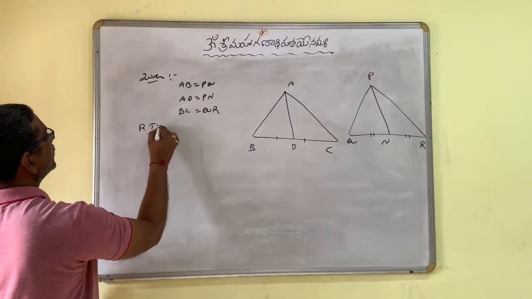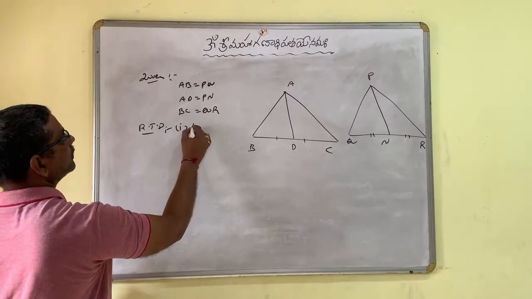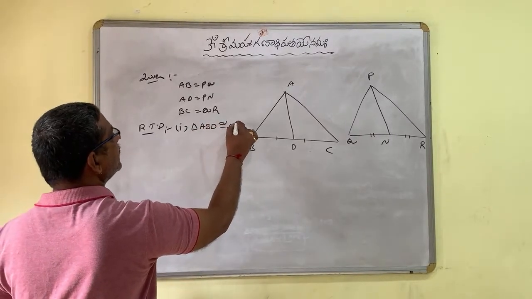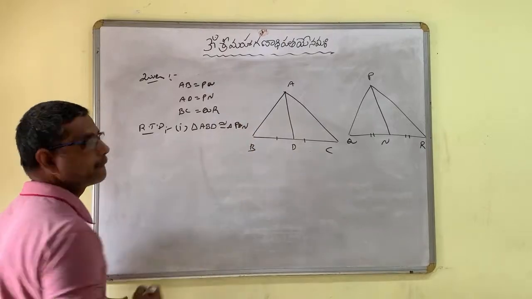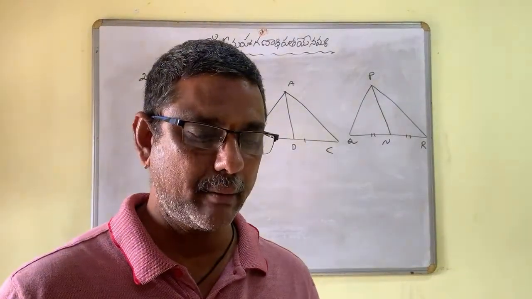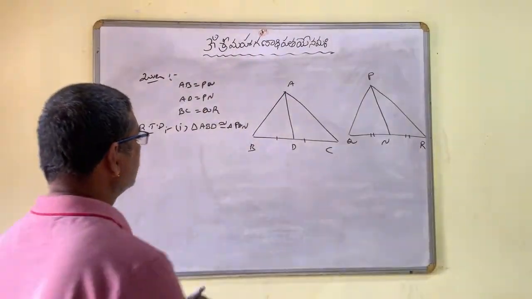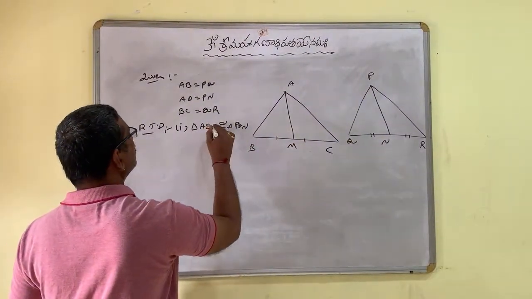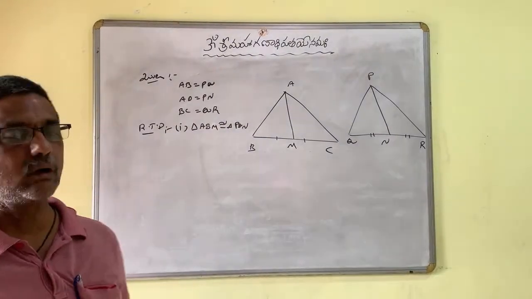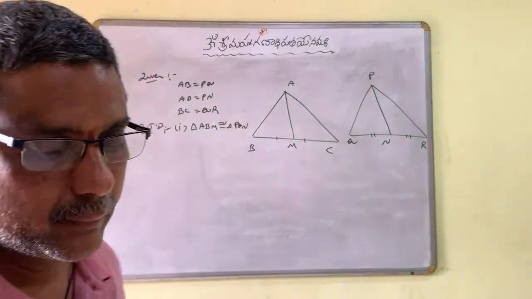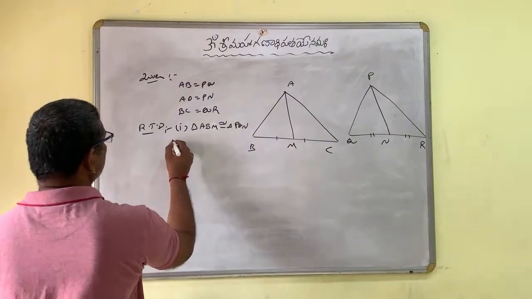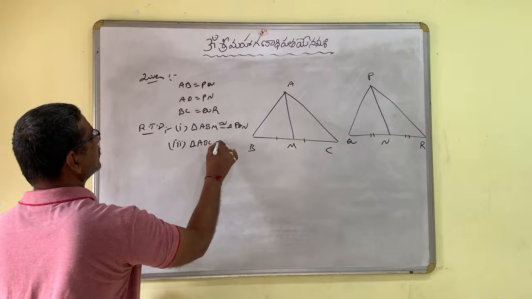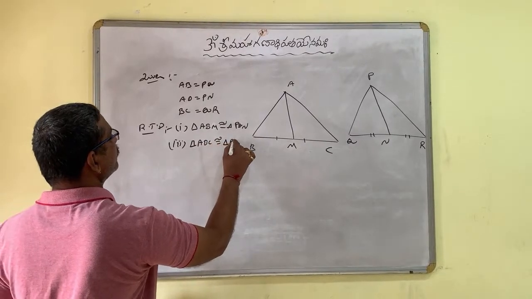Required to prove. First one, triangle ABM is congruent to triangle PQN. Oh, sorry, ABM, not D. ABM is congruent to PQN. And second one, triangle ABC is congruent to triangle PQR.